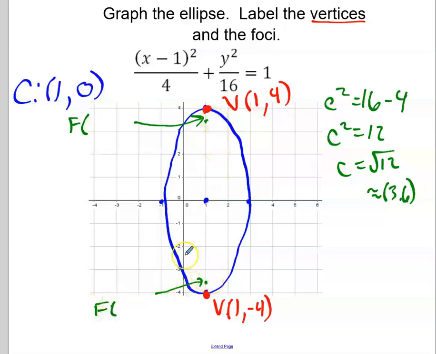The x value is still the same as the x value of my center. The y value is what changed, and in this case it was 0. Then I added square root of 12 to it. So that's 0 plus square root of 12, which you can just write as the square root of 12. But I just want you to see where I got it from. And then here I was at 0, and then I went down, which is minus square root of 12.